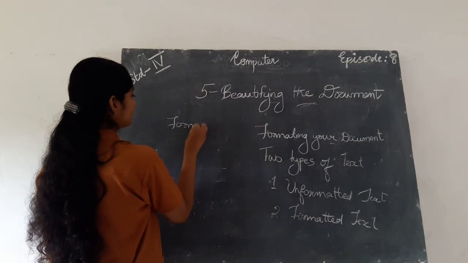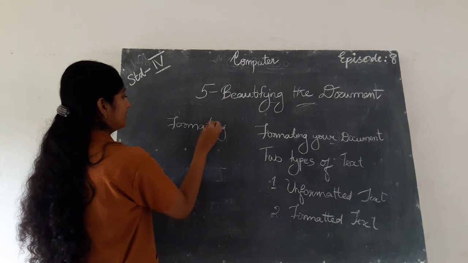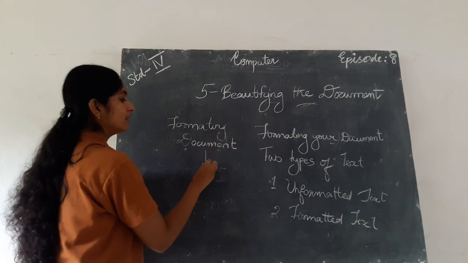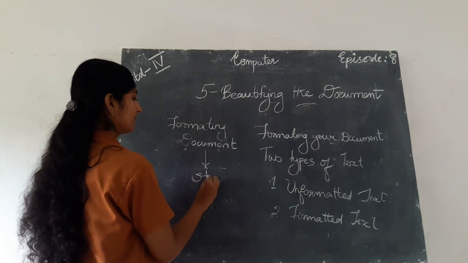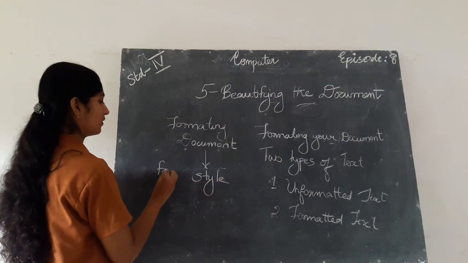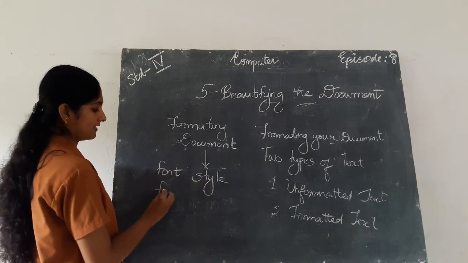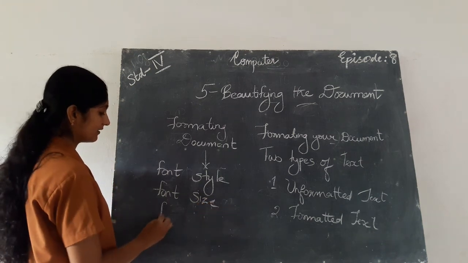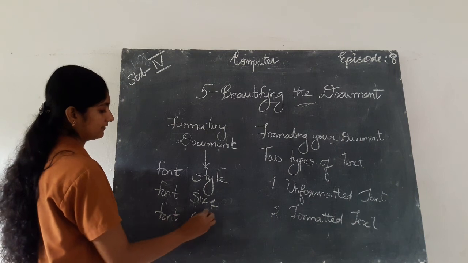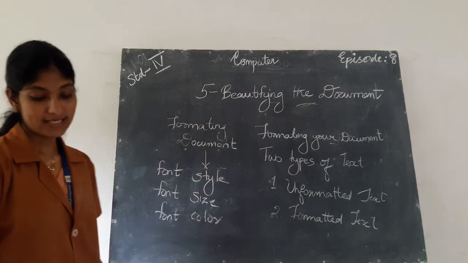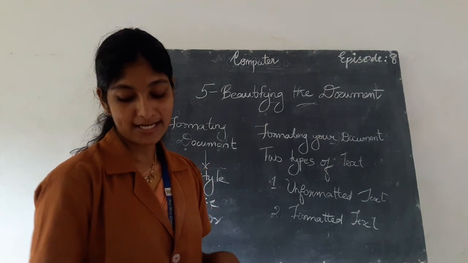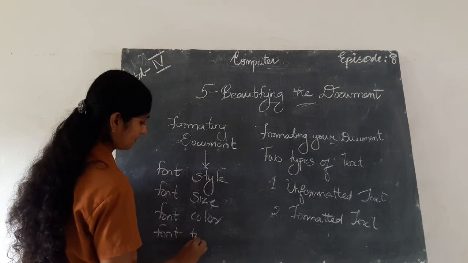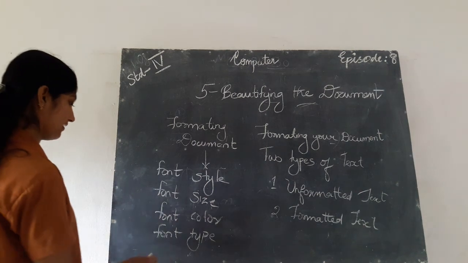Formatting a document consists of changing font style, font size, font color, etc. You can format your document by changing font type, and the other one is alignment.